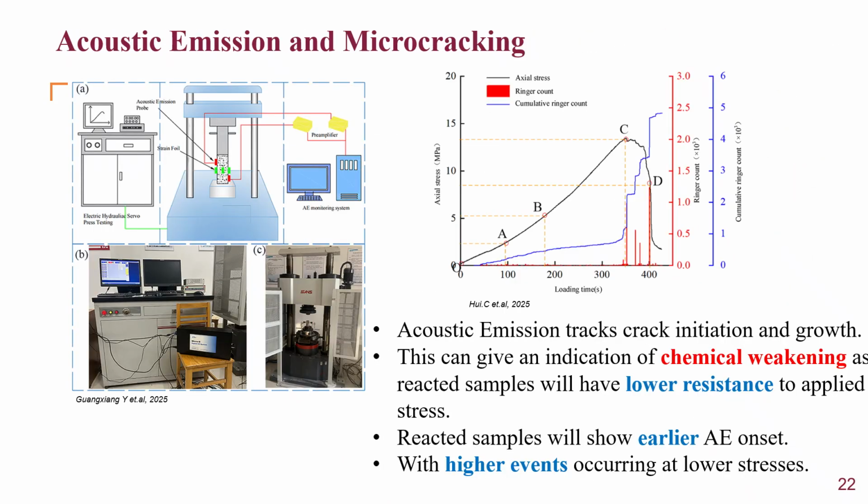Now, acoustic emission is a test that can be coupled with a lot of other tests, like BTS, UCS, or even K1C. Acoustic emission tracks crack growth and crack initiation, and it can give an indication of chemical weakening, as samples which have lower resistance would initiate cracks earlier or will have high crack times as the sample is undergoing failure, or as the sample is being stressed under a test.